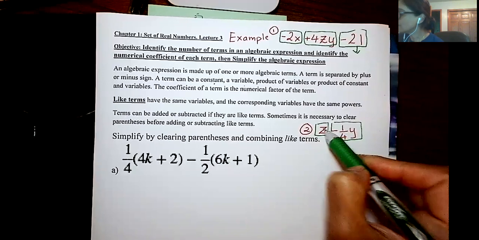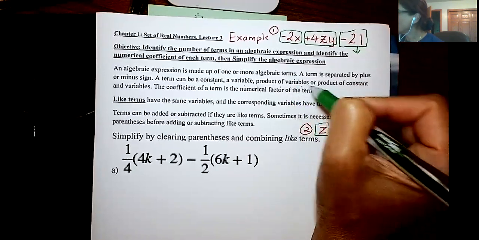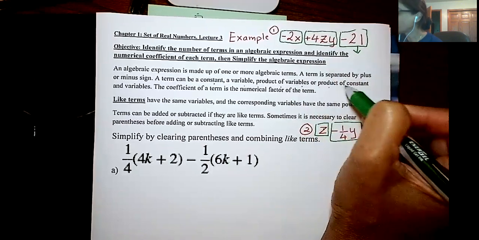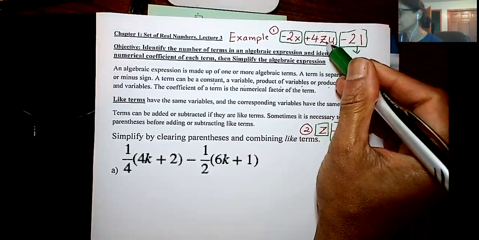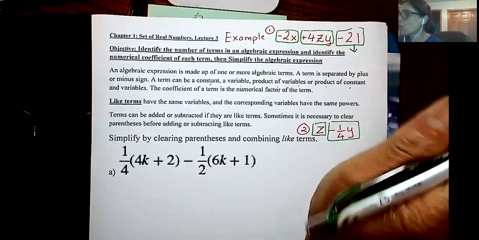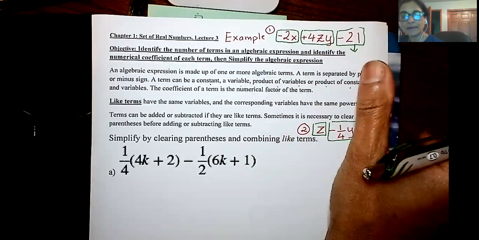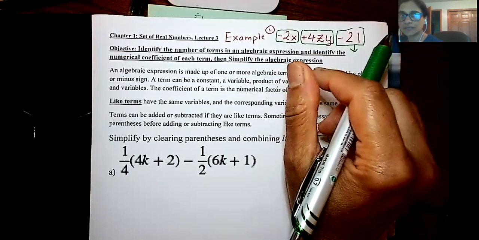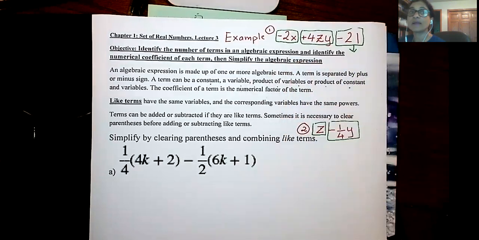It could be a product of variables, or a product of constant and variables. So knowing how many terms there are, and identifying whether it is just a constant or whether it has a number and a variable, is important.